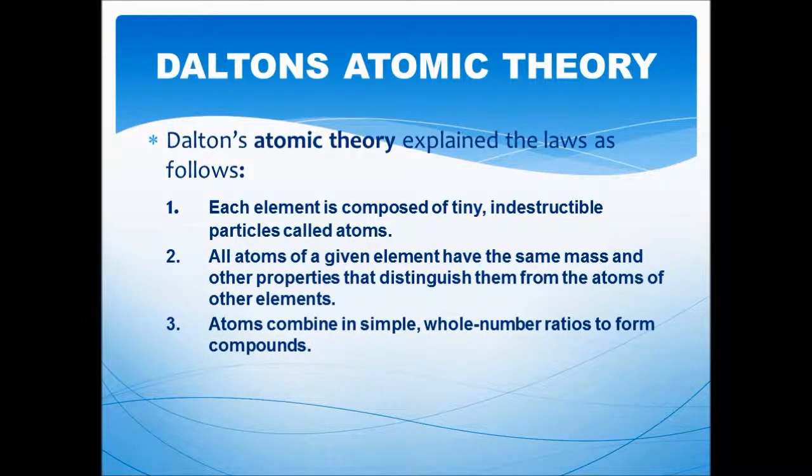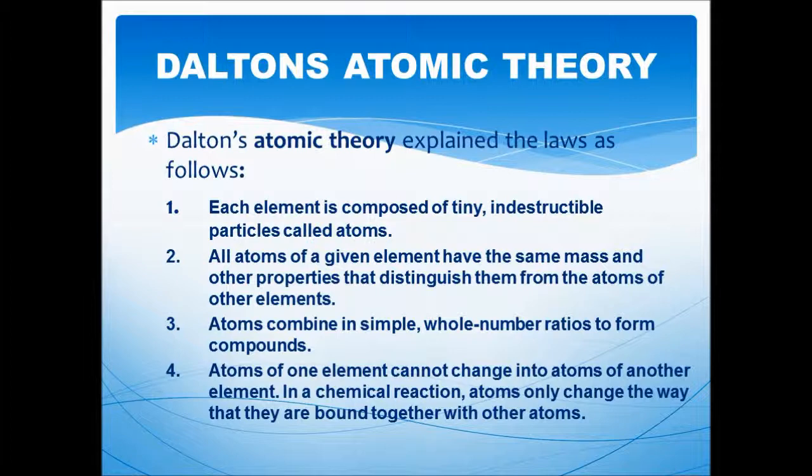And atoms combine in simple whole number ratios to form compounds. And fourth, atoms of one element cannot change into the atoms of another element. And in a chemical reaction, atoms can only change how they are bound together with other atoms, but they cannot change from one to the other.